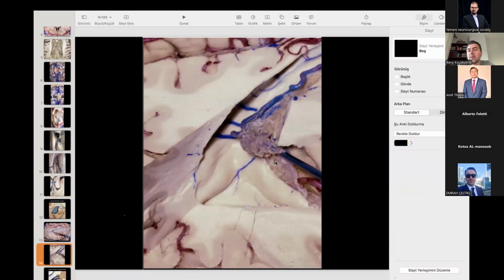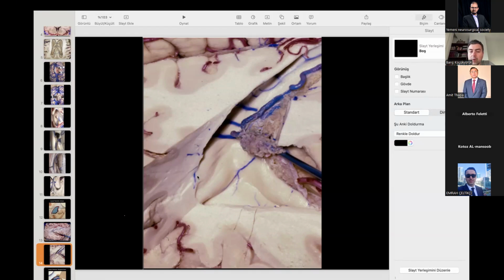As I said, the anterior wall of the atrium is formed by the thalamus entirely, and at the floor there is the collateral trigone. Medially, there are two bulbs or two prominences. The inferior one is the prominence formed by the calcarine fissure into the atrium, so it is called calcar avis.